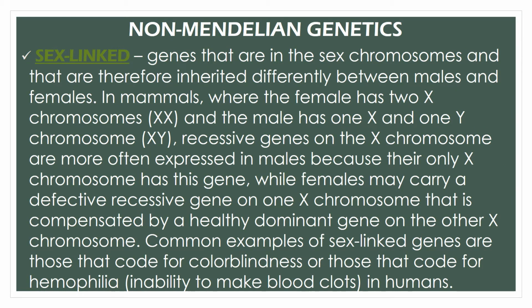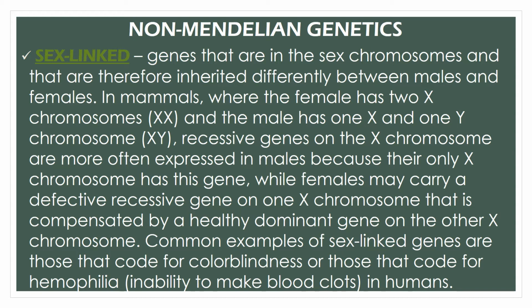Now for our last non-Mendelian genetics, we have here the sex link. Genes that are in the sex chromosomes and that are therefore inherited differently between males and females. In mammals, where the female has two X chromosomes and the male has one X and one Y chromosome, recessive genes on the X chromosome are more often expressed in males because their only X chromosome has this gene, while females may carry a defective recessive gene on one X chromosome that is compensated by a healthy dominant gene on the other X chromosome.